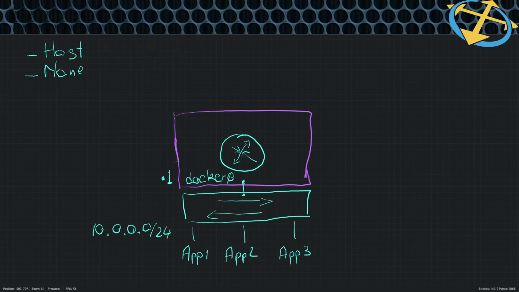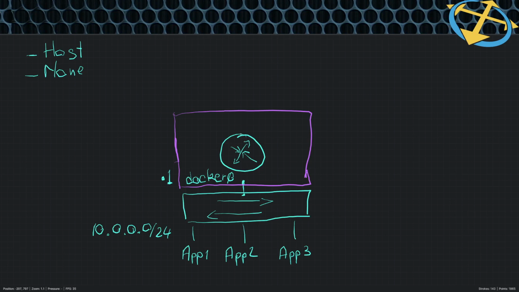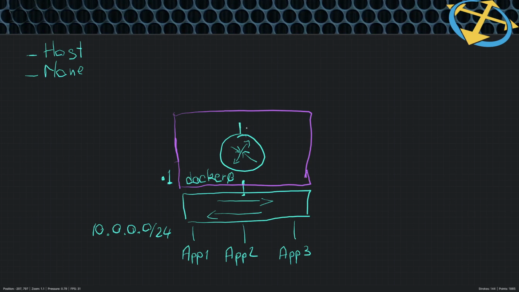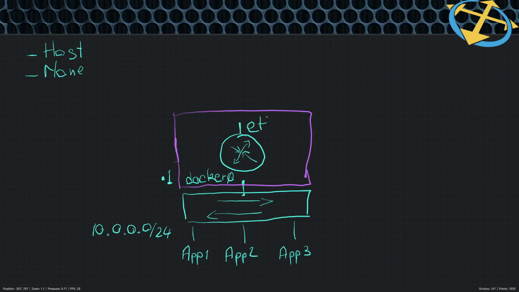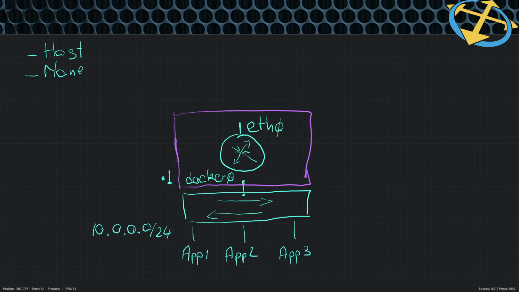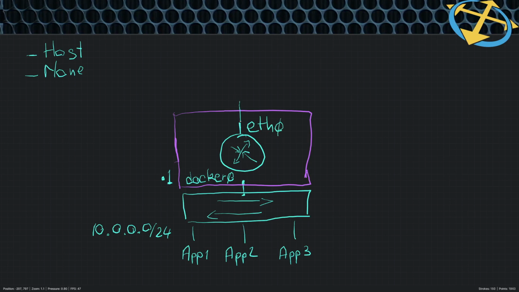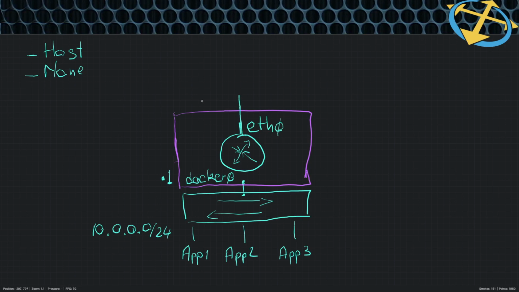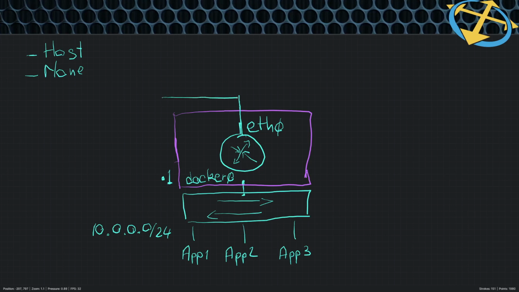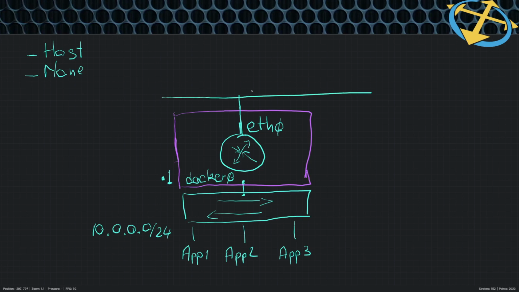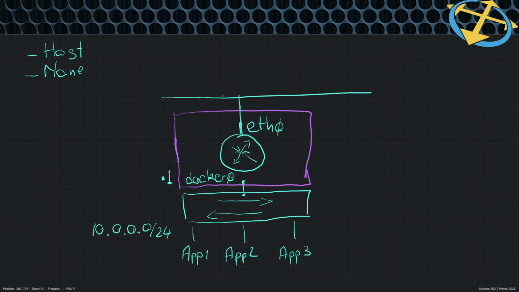And on this other end of my router, I have a normal eth0, let's say, interface, which is connected to a physical network segment on my physical network.